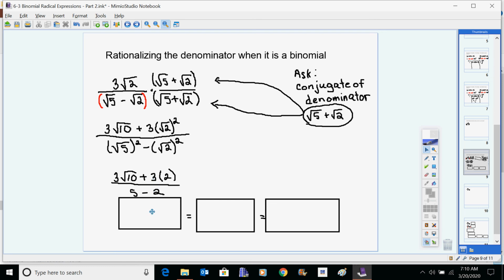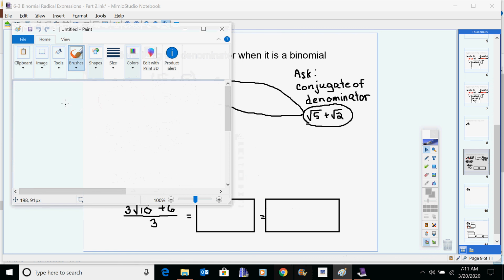All right, here's my number. Then you need to simplify. As you simplify, we get 6 here and we get 3 here. But keep in mind that this is really like two fractions. For example, if you're going the other direction, way back in adding any kind of fractions, if we had 2/5 and we wanted to add it to 1/5, that would be the same as 2 plus 1 over 5.